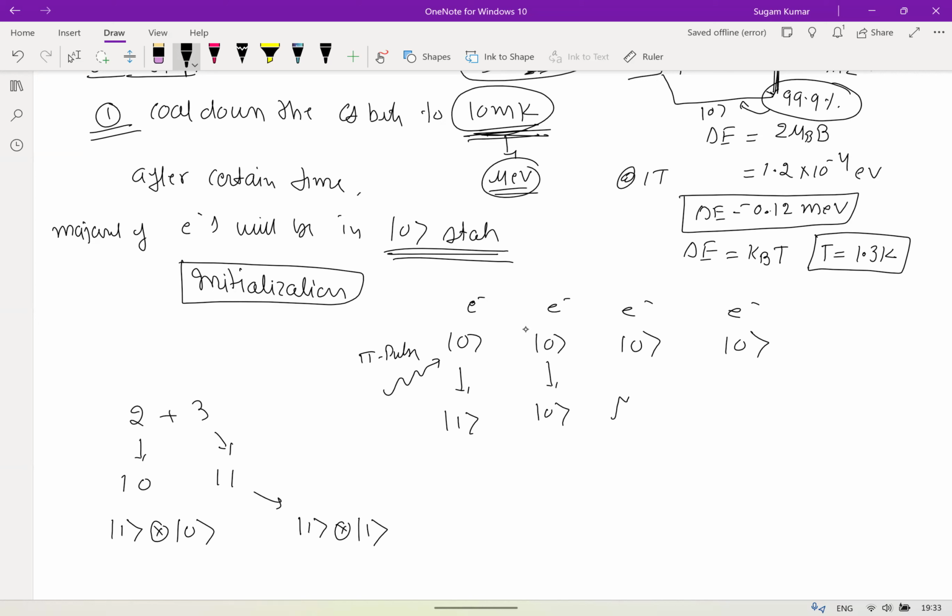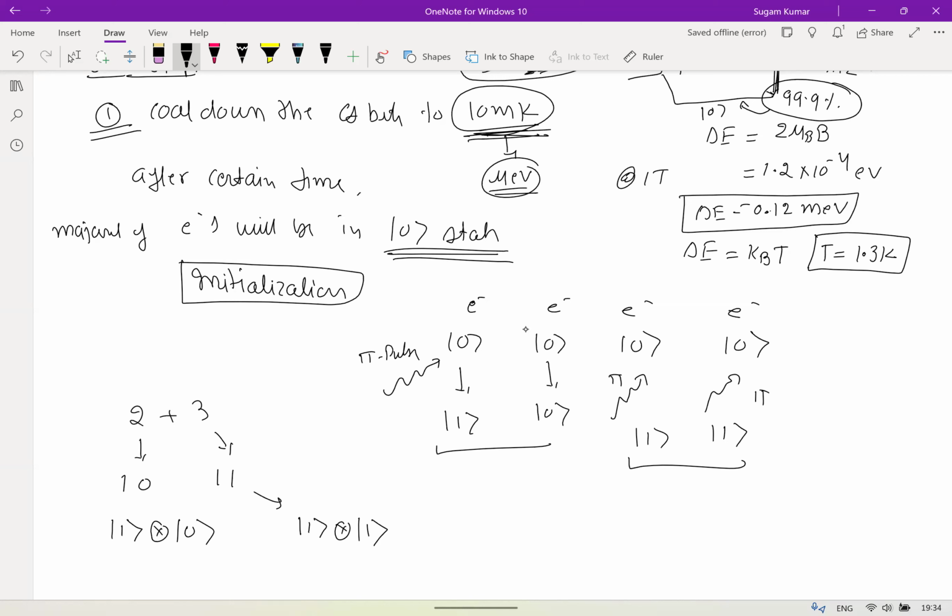Then I will shine here and here again pi and pi pulses, so they are going to become 1 and 1. So these are our inputs. Agree? I hope so.